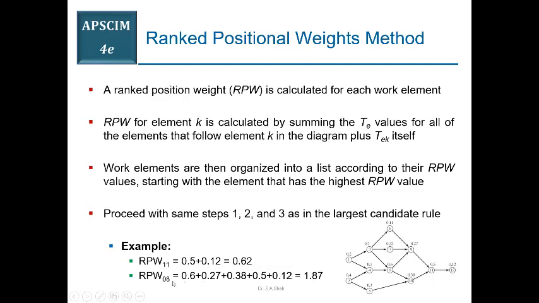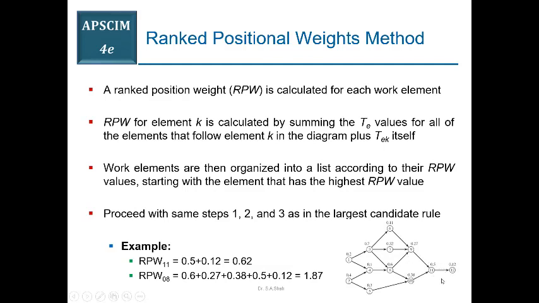In the same example, if you look at the value of RPW 8, this is the 8th element. So it is the time of 8 plus all the followers that follow this particular element. If you look at the followers of 8, the 9th element follows it, 10 also follows, then 11 and then 12, okay?